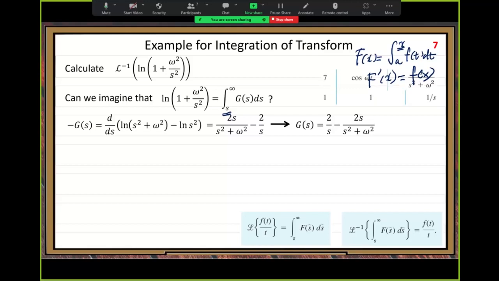So the inverse Laplace transform of capital G, little g, is 2 minus 2 cosine omega t. After you get little g divided by little t, you find the original inverse Laplace transform by this formula.